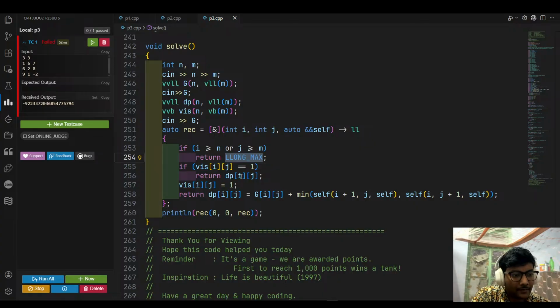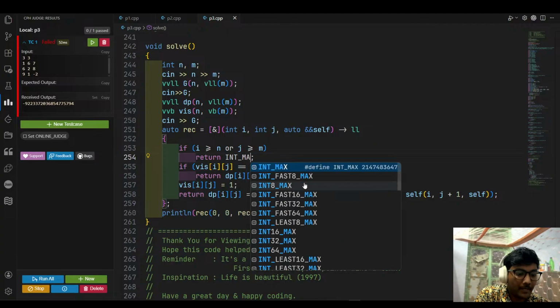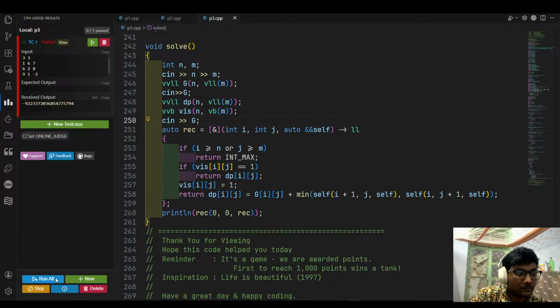Why is it negative for some reason? Int max. It is returning int max.